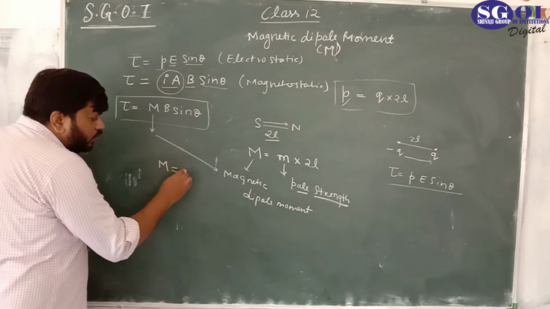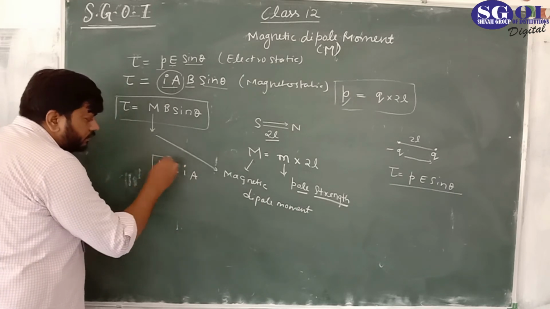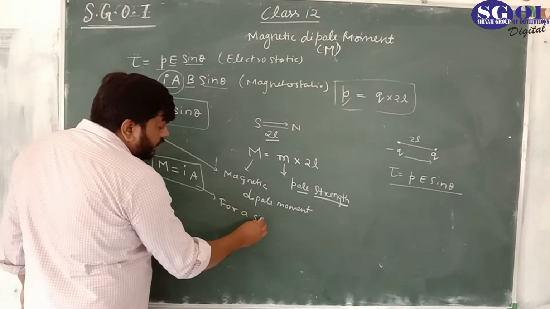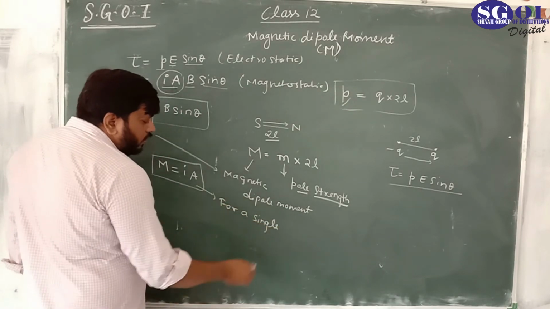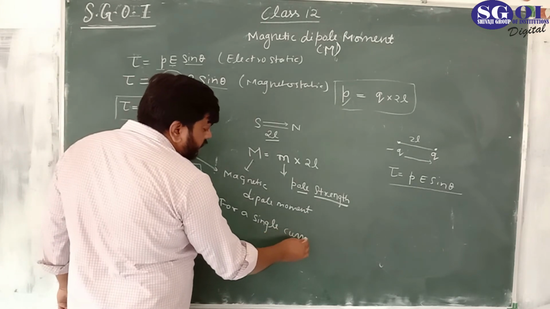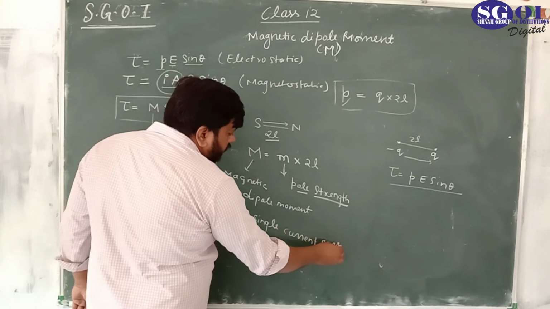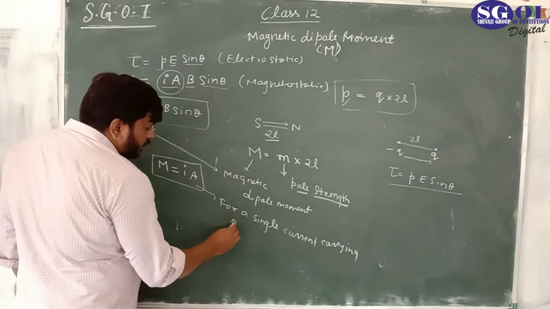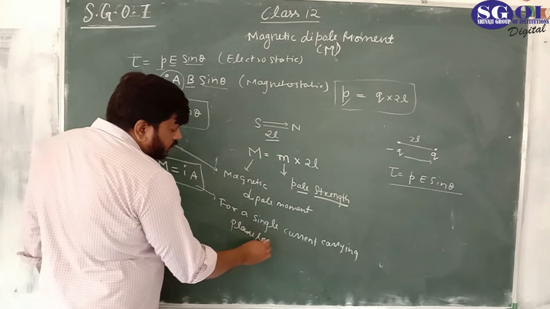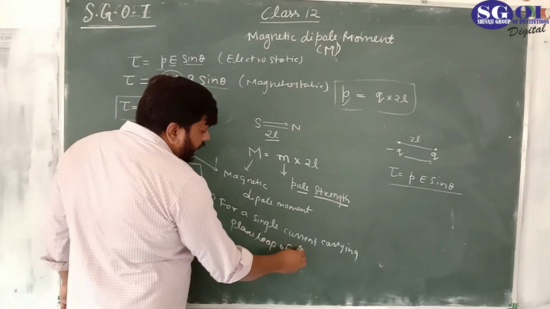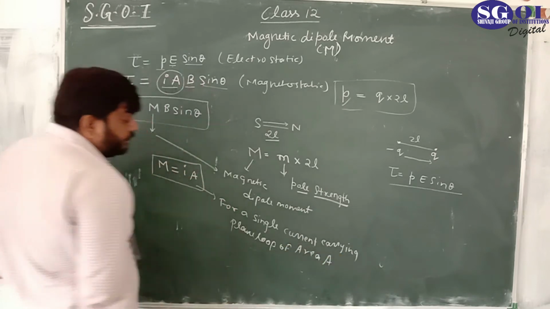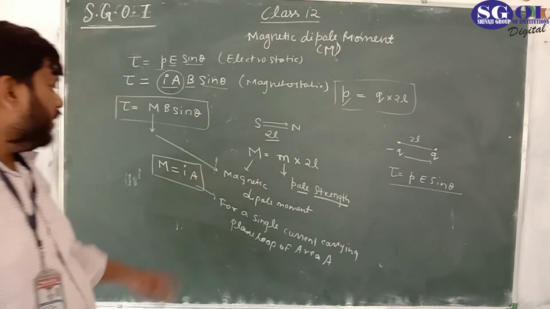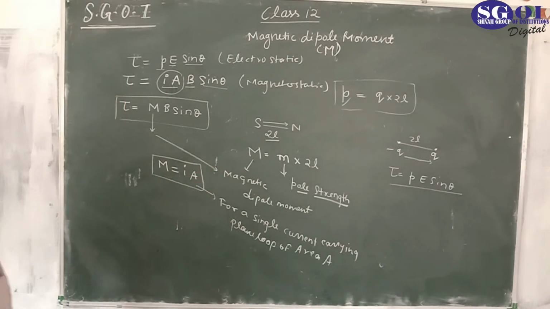It is equal to I A for a single current carrying plane loop of area A. For a single current carrying plane loop of area A, the magnetic dipole moment is IA. This is also the formula.